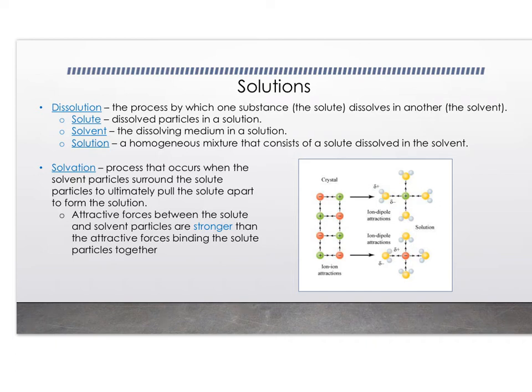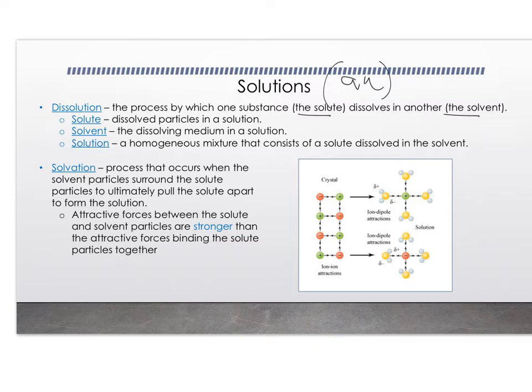Whenever water is used as a solvent, it can dissolve different substances, and that will make what is known as a solution. So whenever we saw the AQ, your aqueous solution, that is when a solid is dissolved in water. So the dissolution is the process by which one substance, known as the solute, is dissolved in another, called the solvent.